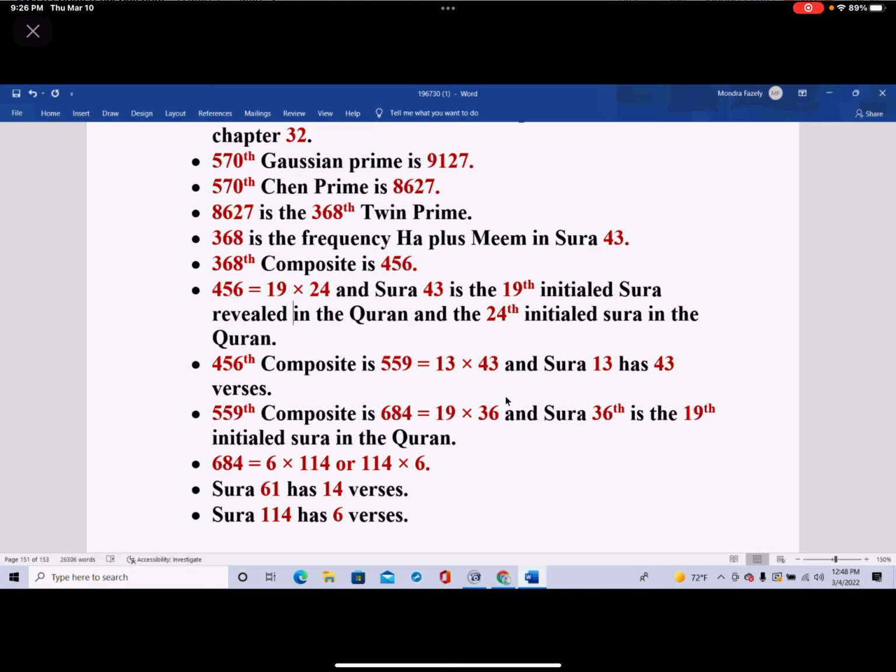So as I said, now that we know about this, now that we know about chapter 32, and why the frequency of Alif plus Lam plus Mim in that chapter is actually 570, how this is actually connected to the structure of the Quran. Okay.